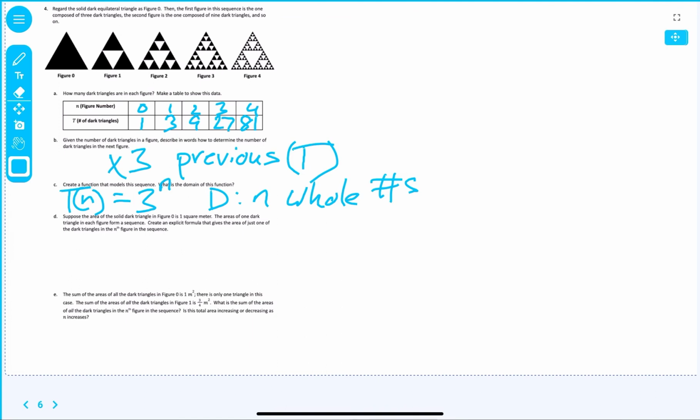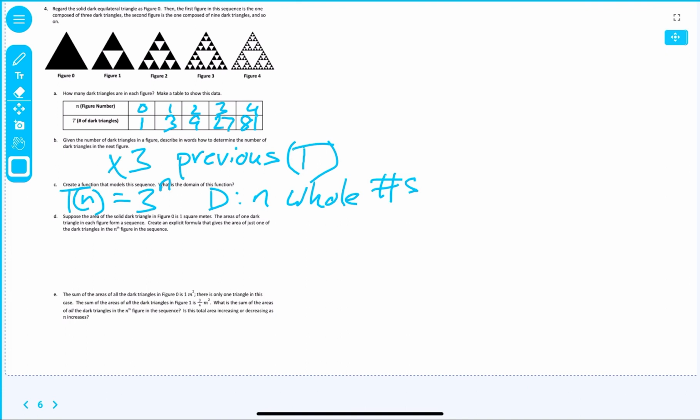All right, D says, suppose the area of the solid dark triangles in figure 0 is 1 square meter. The areas of one dark triangle in each figure form a sequence. Write an explicit formula that gives the area of just one of the dark triangles in the nth figure. Well, it's really not as hard as it sounds, believe it or not.